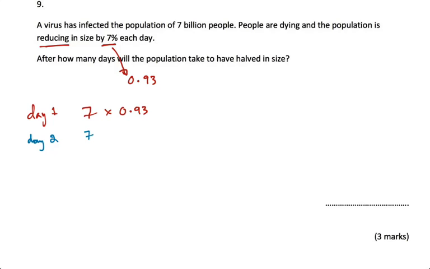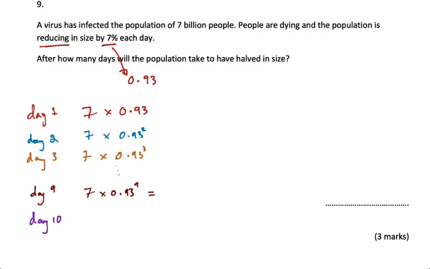After the second day, it would have been 7 times 0.93 squared, and after the third day, 7 times 0.93 cubed. We can keep going, and then we go to day 9, which is 7 times 0.93 to the power of 9, and day 10 would have been 7 times 0.93 to the power of 10. With to the power of 9 days, you end up with 3.64 billion approximately.